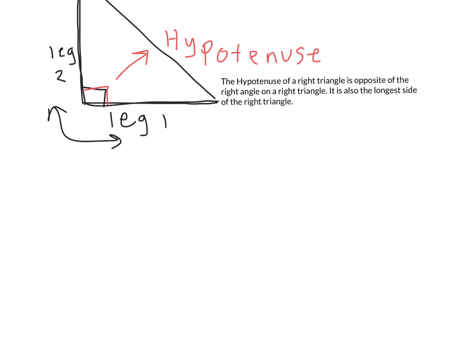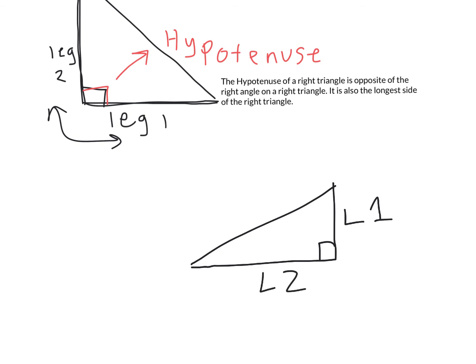So even if our triangle is drawn this way, here's our right angle. Leg 1 and leg 2 always make up that right angle, and our hypotenuse will always be opposite of it. So it doesn't matter if it's drawn this way.